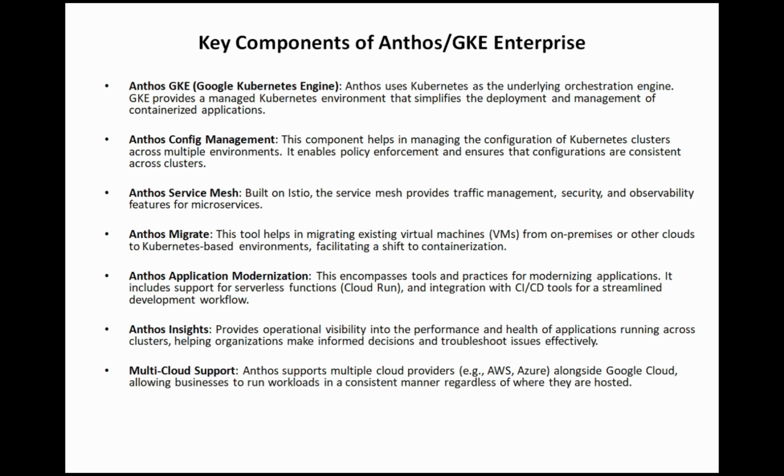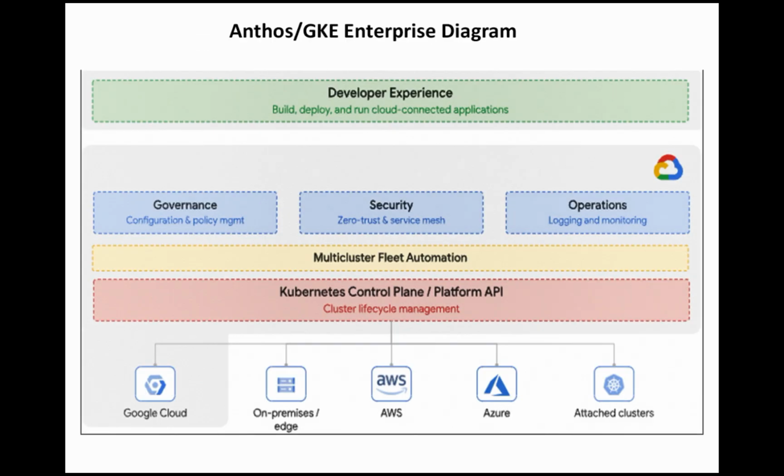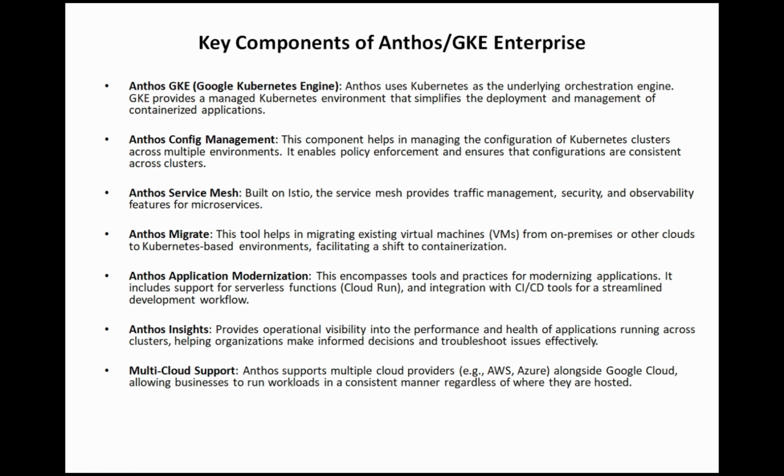And then there is Anthos application modernization, which we already touched on in our architecture, because this is where you can leverage tools for CI/CD, like Cloud Run, which helps you build and deploy the applications that are eventually part of your fleet. We also talked about Anthos Insights, which is part of your operations, logging, and monitoring. So this is the high-level information about Anthos.